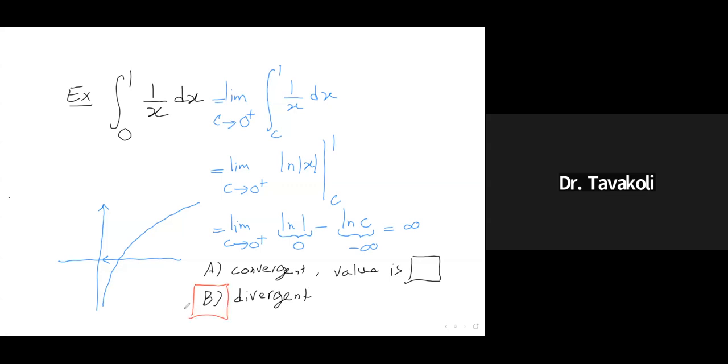For this example, I don't need to enter anything inside that box because the box here is for the case it is convergent. If I got a finite number, I was required to enter that number inside that box. But this was a divergent integral, so I don't need to enter anything there.